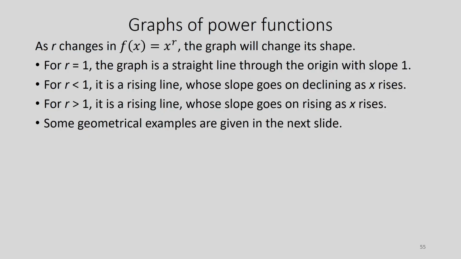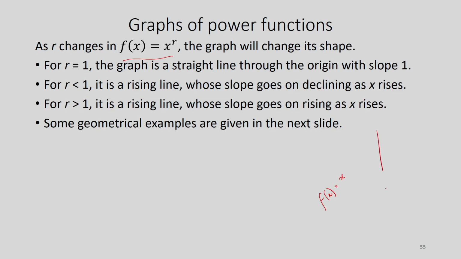Graphs of power functions. Now, in this form f(x) is equal to x to the power r, as r changes, the graph changes its shape. If r is equal to 1, then what you have is f(x) is equal to just x. Okay.